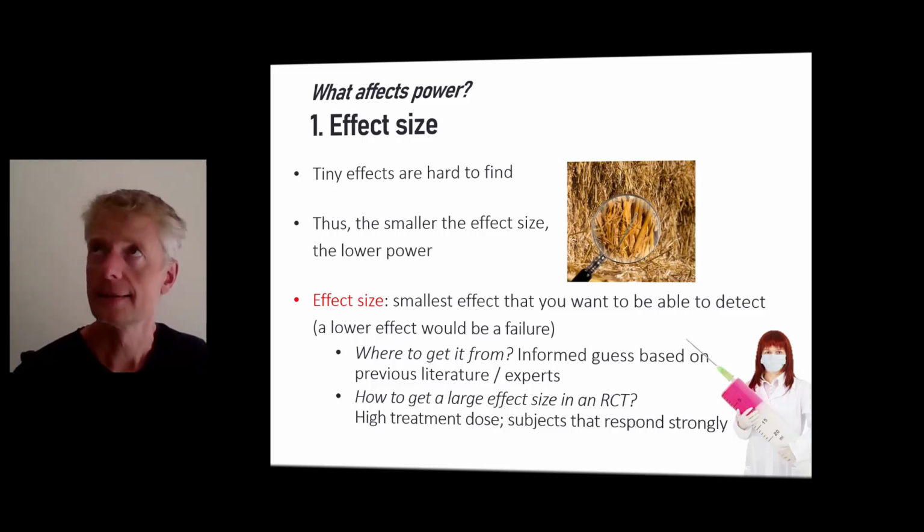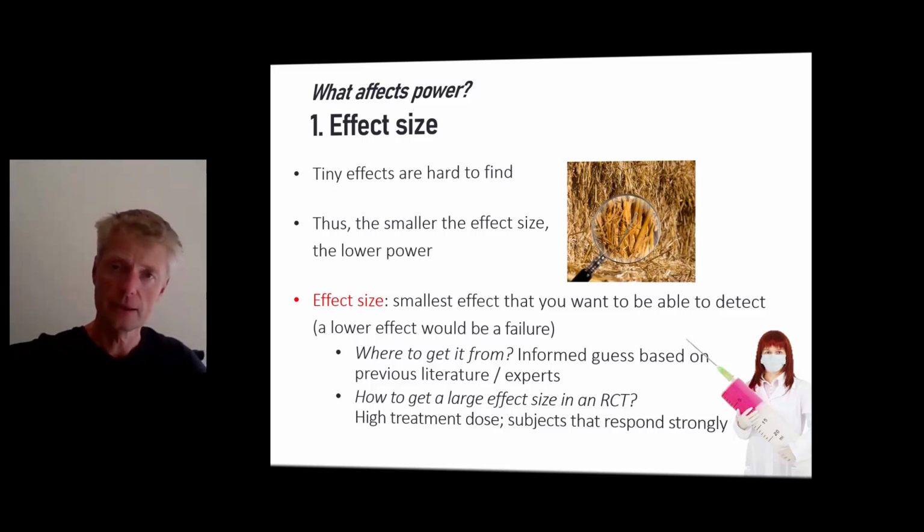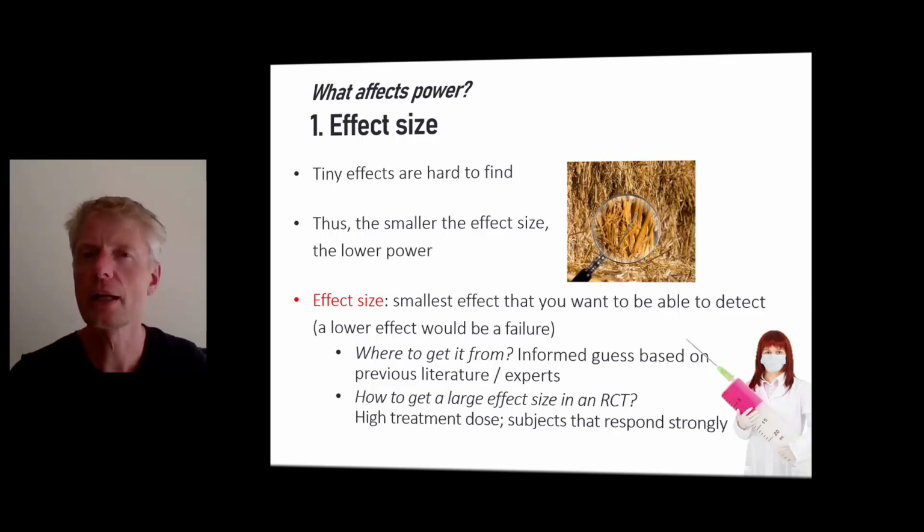Then it holds that the larger this effect size that you want to be able to identify, the higher your statistical power is. And that should make sense. It's easier to identify a huge effect than a very small effect. A very small effect, as is shown here, is a needle in the haystack. A small effect is difficult to find.